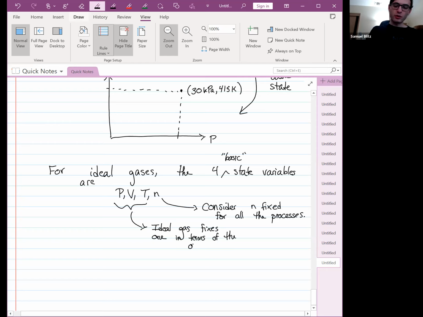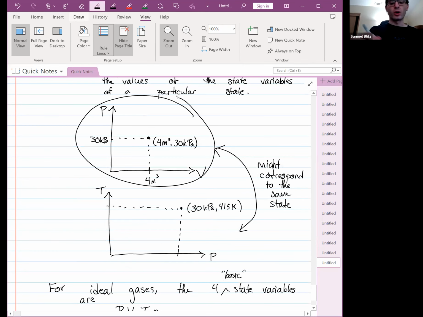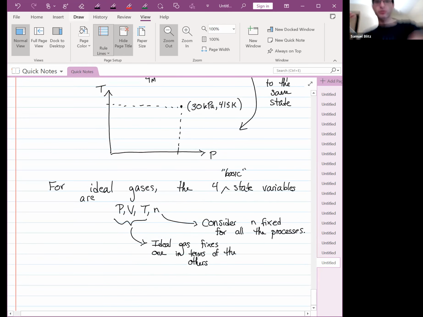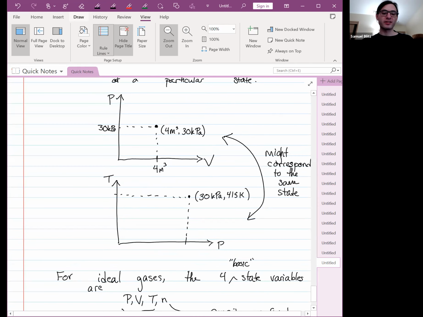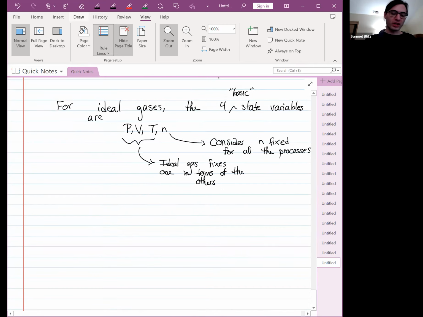So if you know how many particles there are in your system, just one of these plots, say the PV one, is enough. You know n, and you can plug in these values of P and V to solve for the temperature.